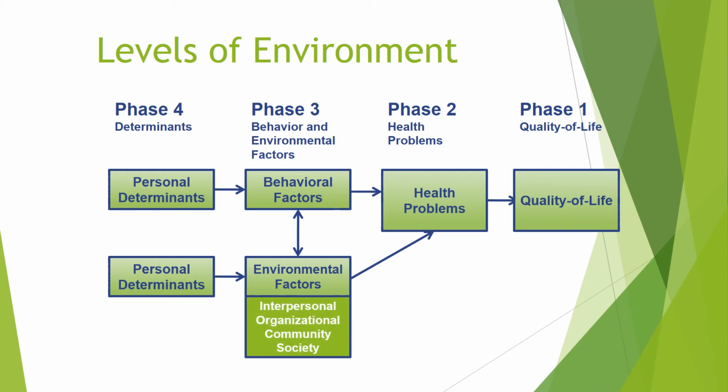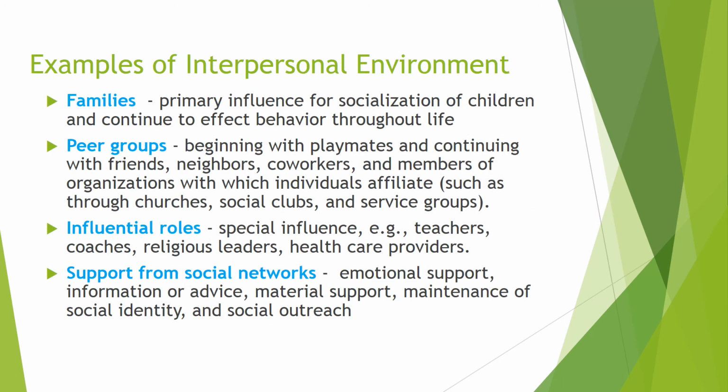So there's a flashing box that says interpersonal, organizational, and community and society. Hopefully you could see that little flashing box when you're looking at this. There are examples here. I've gone through these already in previous slides. You've got families, peer groups, influential people like religious leaders or teachers or coaches or healthcare providers.